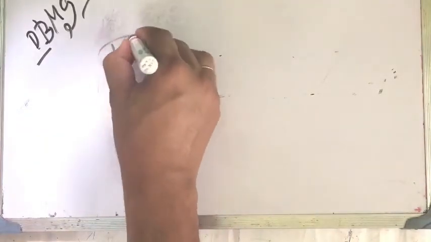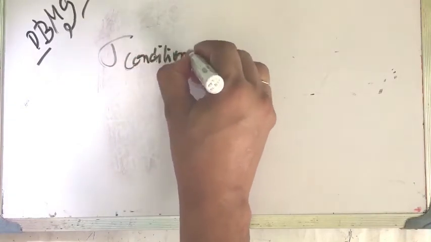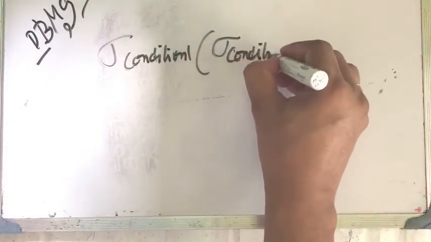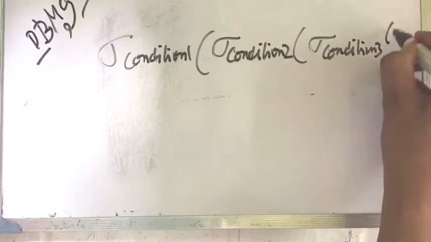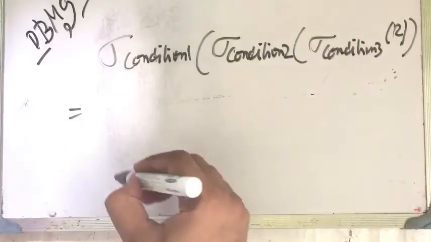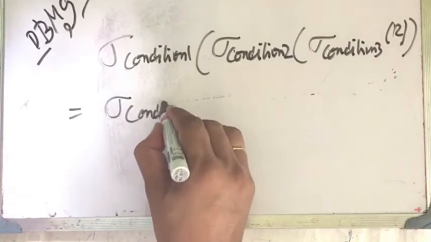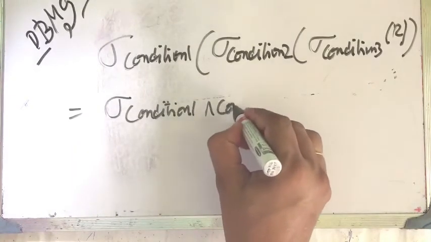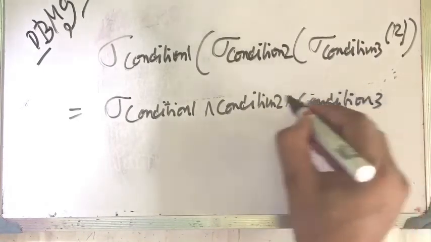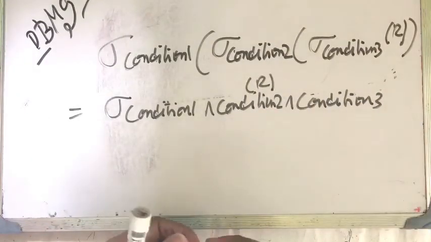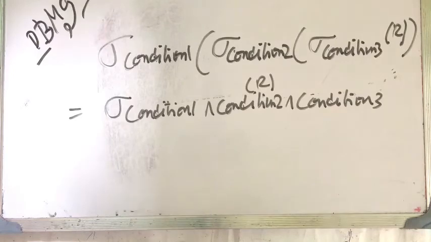And if there are many conditions, you can also use the AND operator. Suppose there is condition 1, condition 2 and condition 3, and the relation R. You can use only one select operator with condition 1 and condition 2 and condition 3 on table R. So from the R table we access all the information that belongs to condition 1 and condition 2 and condition 3, selecting those that satisfy these conditions.